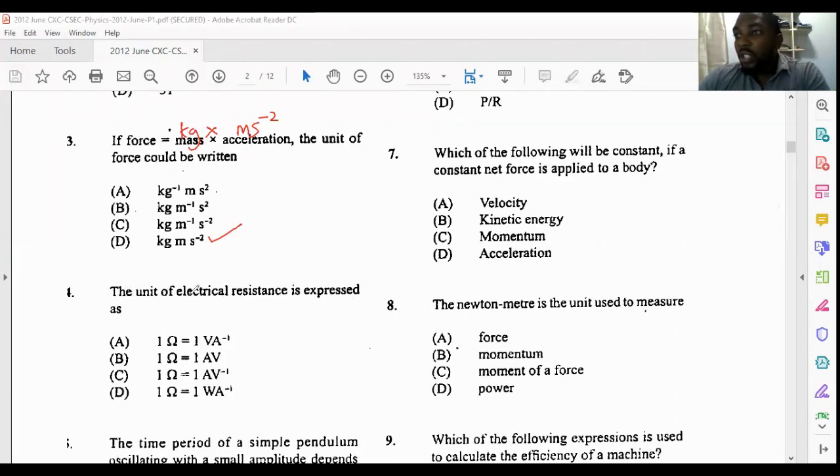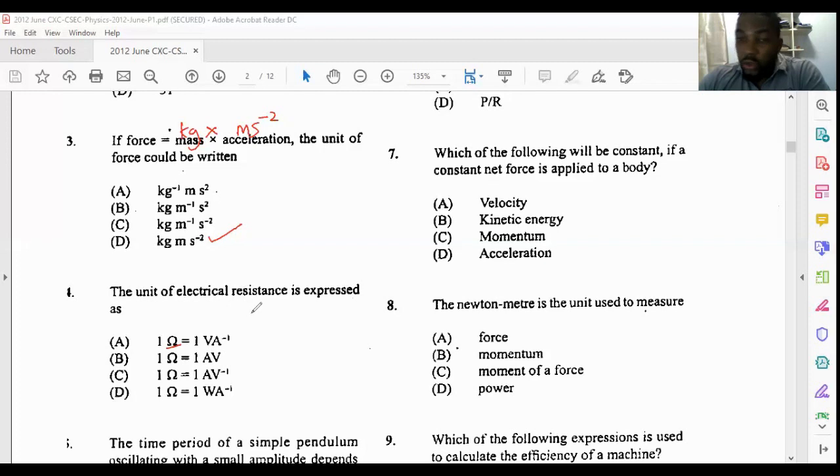It says the unit of electrical resistance is expressed as, and we have here 1, and we have this symbol, which is the symbol for resistance, right? And we have V and A, where V represents voltage and A represents amperes. Good. So we're saying that an ohm is equal to, that's the symbol for ohm, for resistance.